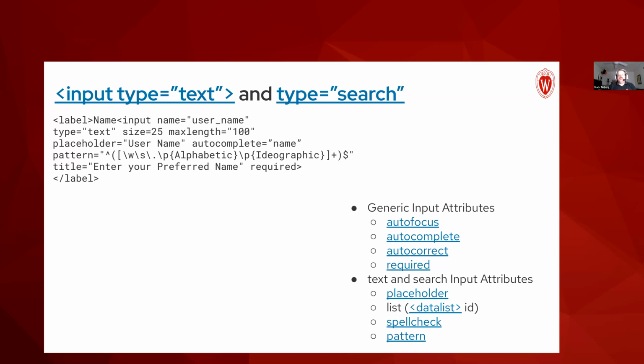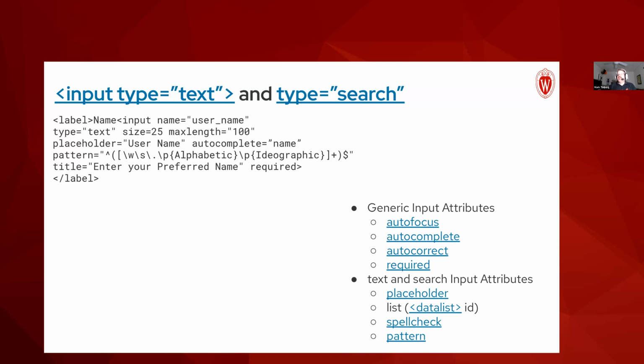Great for search pages where the main feature is a search. Or again, if you're going through a multi-step workflow, just dropping you right into that first form field on that workflow.